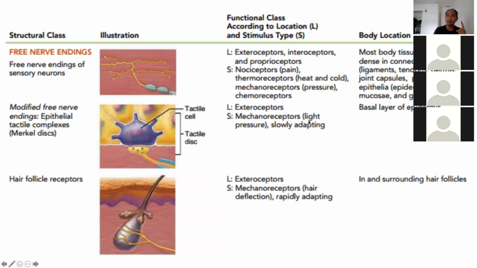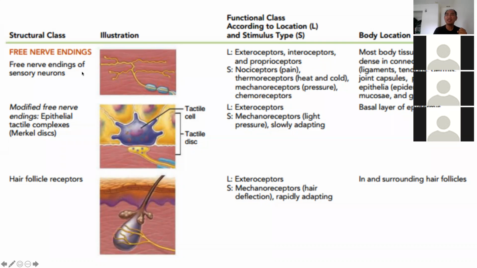This is a page from our textbook, classifying the receptors according to their structure, like free nerve endings, modified free nerve endings, or hair follicle receptors, and where they exist, their location in the body, and their function.